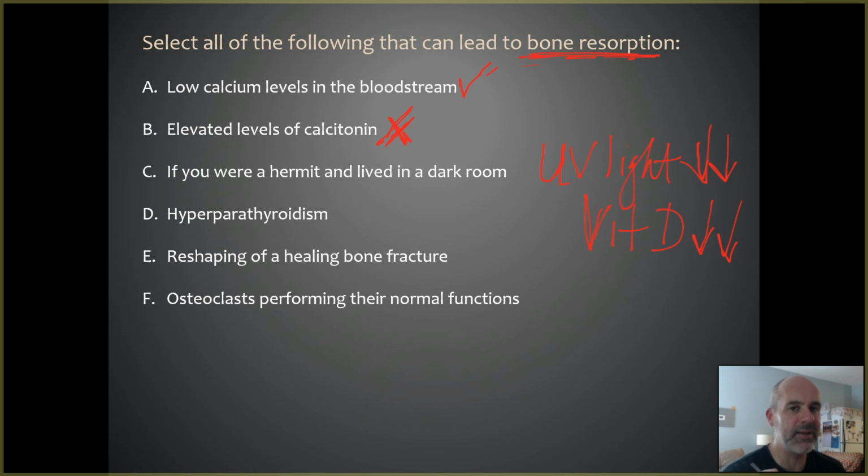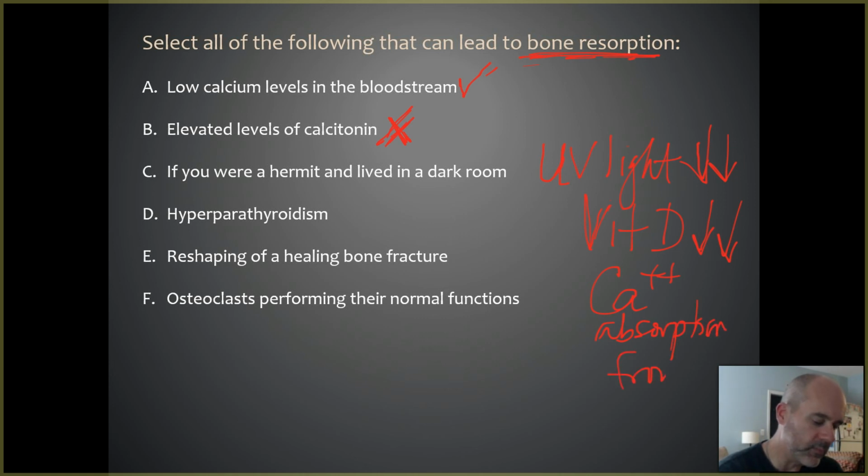And what does vitamin D help you absorb from your diet? Calcium. So that means your calcium absorption from the diet is going to go down. All right, and if your calcium levels are down, then yes, you're going to have to start resorbing bone matrix and dissolving calcium out of the osseous tissues to bring the level back up. So that one's going to be a yes.